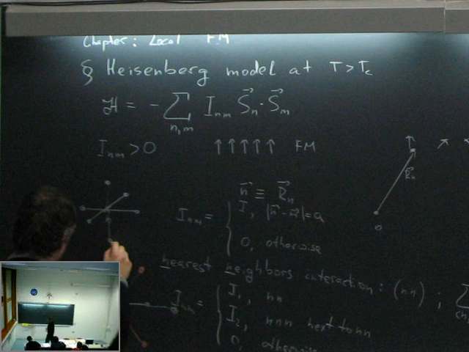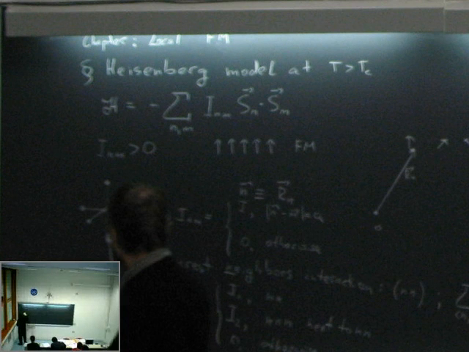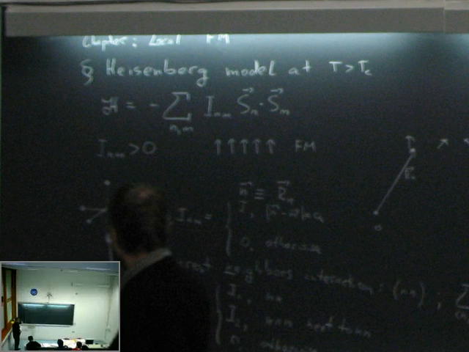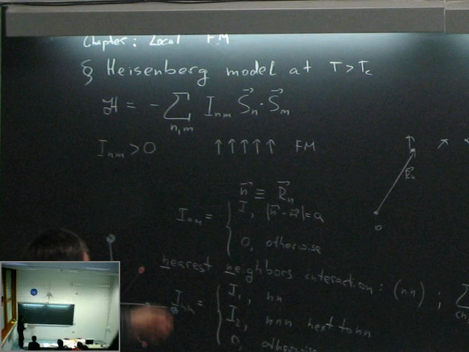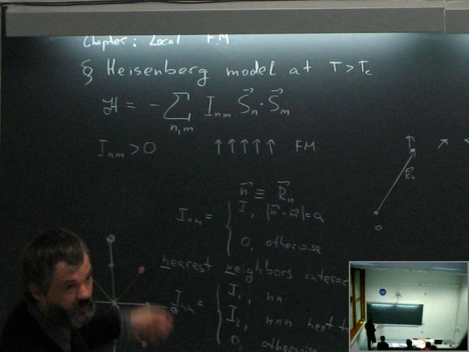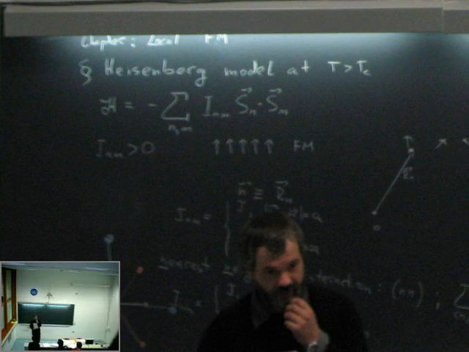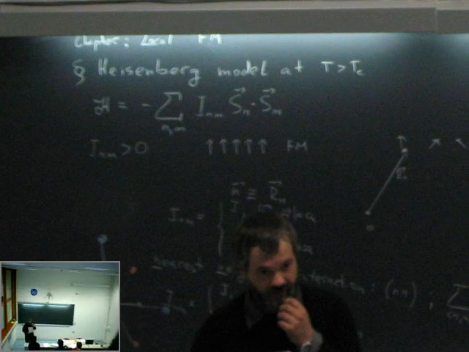So for the square lattice, somehow you see that both the number of nearest neighbors, next to nearest neighbors, and next to next nearest neighbors is the same, and this number is equal to 4. Of course, for the 3D simple cubic lattice, it's not the case. And just as an exercise to check how well you understand the crystal structure, try to calculate the number of next to nearest neighbors for the simple cubic 3D lattice, or you know the answer.